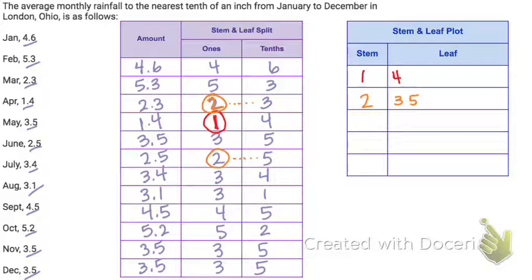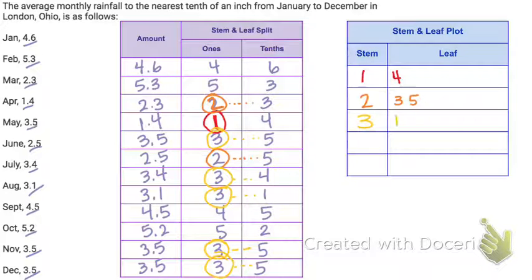Now let's move on to the next row. So a 3 as my stem. There's several of those. So I'm going to just circle all of those. And I have a 3 and a 5, 4, 1, 5, and 5. So I'm going to start with my smallest one.